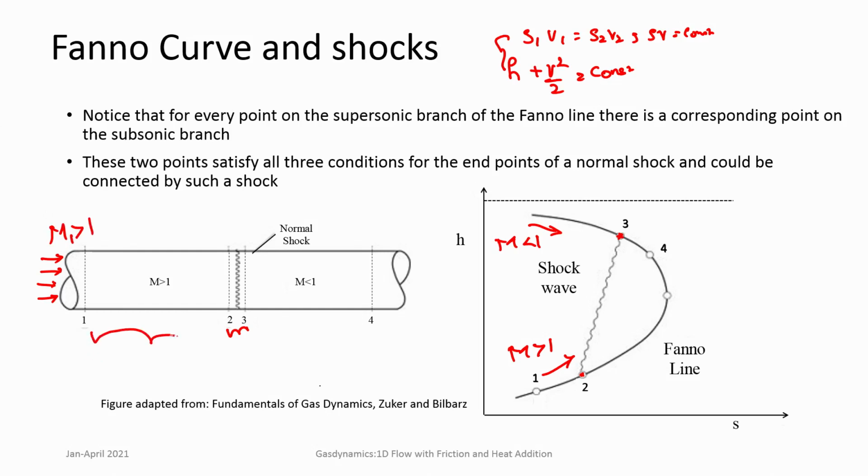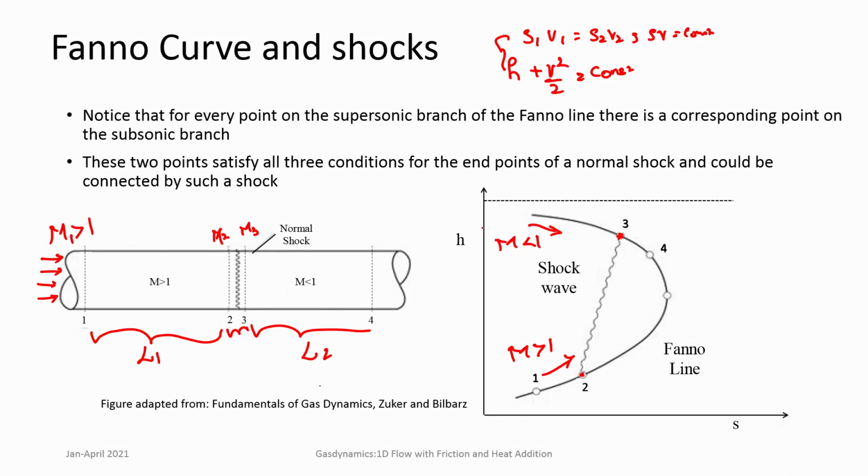First it passes through a duct of length L1 and reaches a Mach number M2, at which there is a shock, and across the shock you get conditions at 3. So conditions at 2, conditions at 3, there is no change in length because the shock is a discontinuity, it is at that same location, and then you have a length L2. Now, this L2 at this particular point is having subsonic flow.